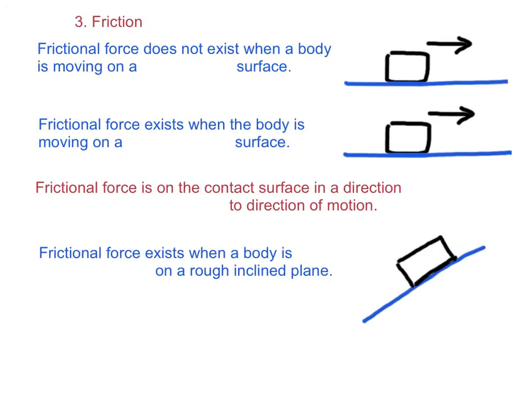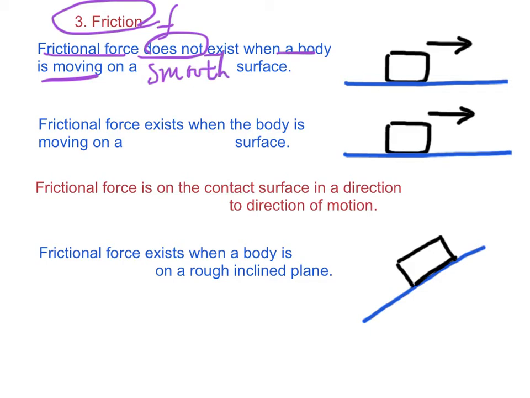The third kind of force is friction. Frictional force, F, does not exist when a body is moving on a smooth surface. However, frictional force, F, exists when the body is moving on a rough surface.